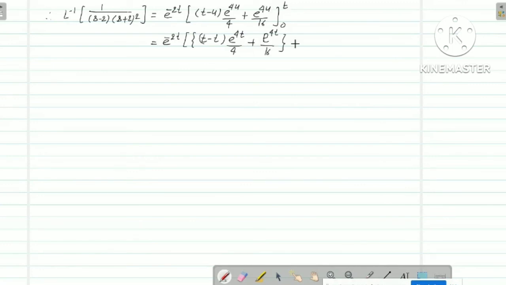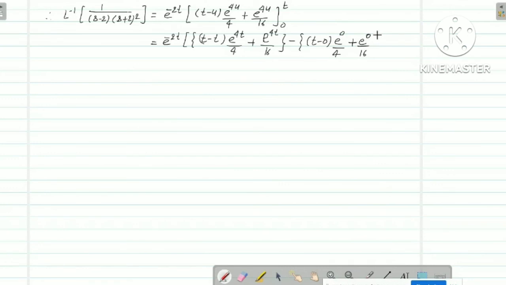This is for the upper limit, minus lower limit. So your lower limit is 0. Instead of u we put 0, so t times e raised to 0 by 4, plus e raised to 0 by 16. 0 multiplied by 4 is 0, so e raised to 0 is here.